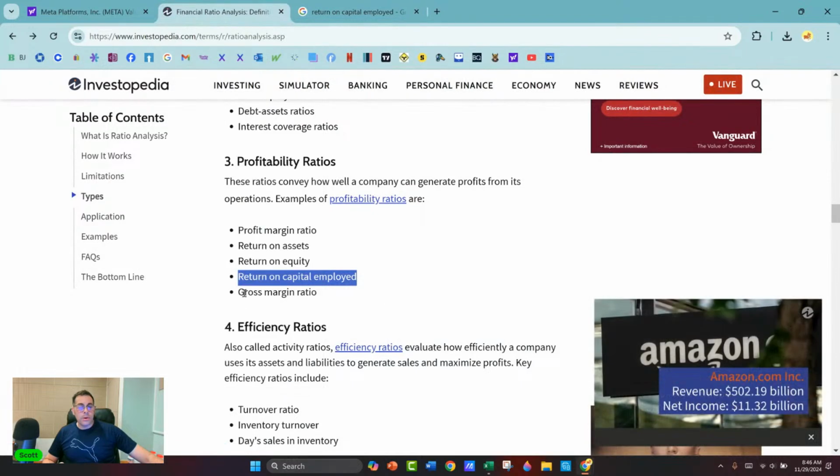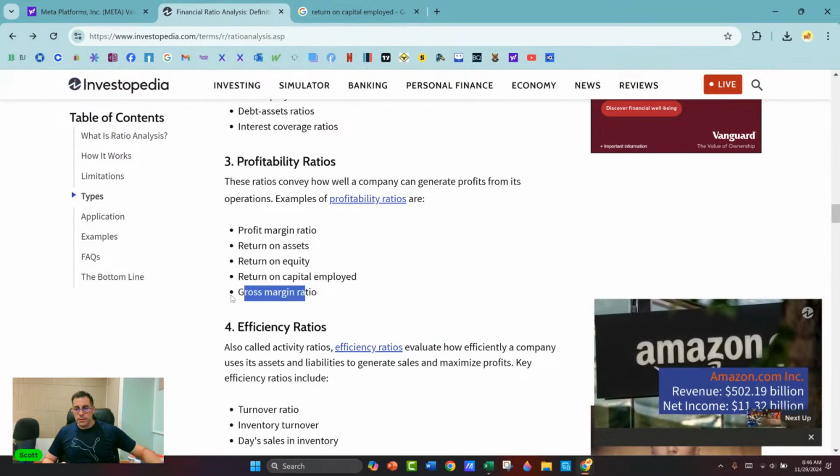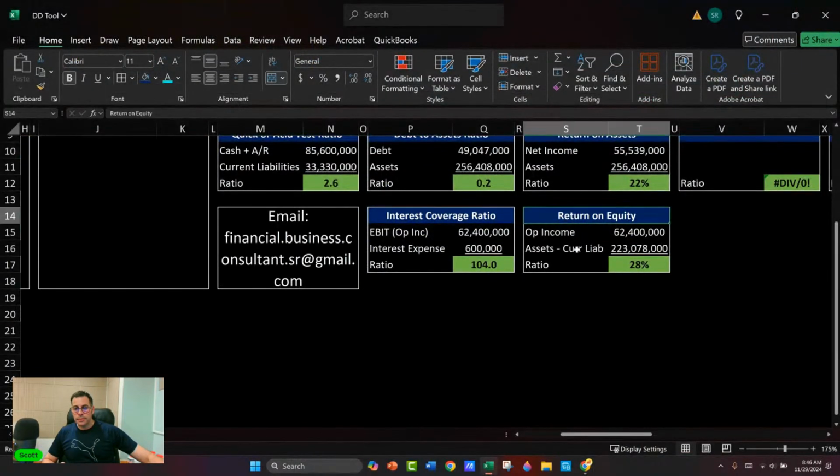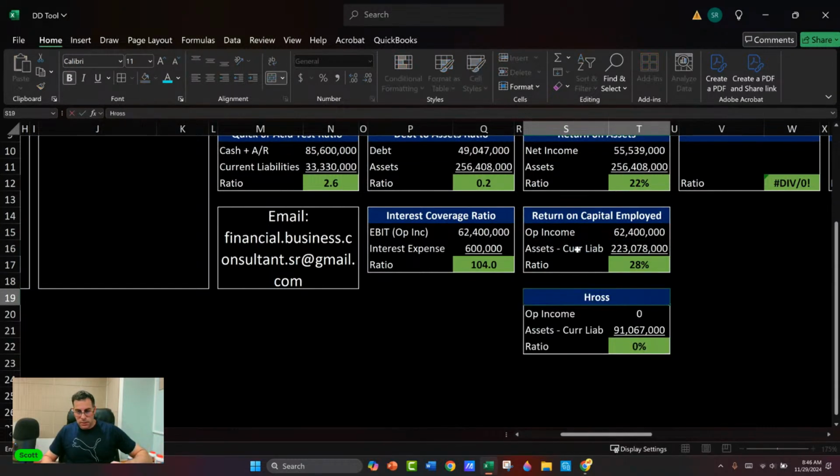So gross margin, that's a pretty easy one. Capital employed. Gross profit margin.